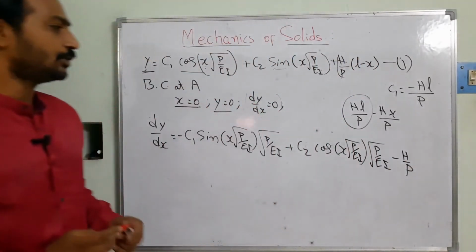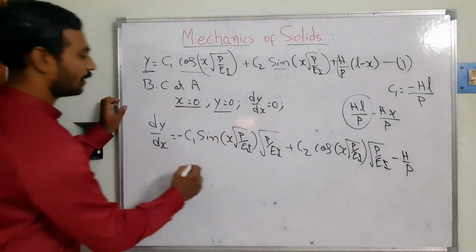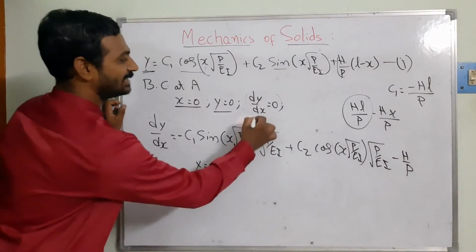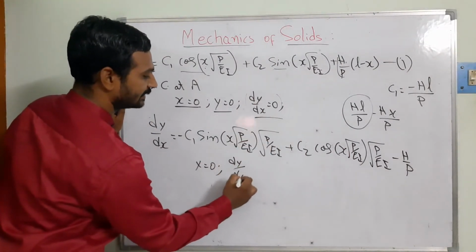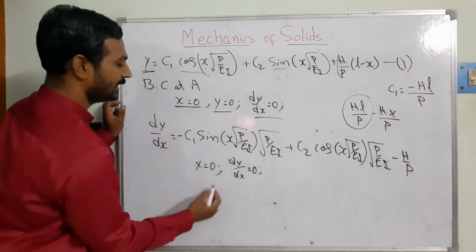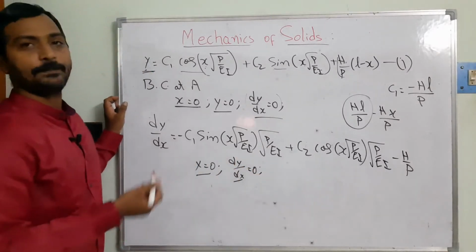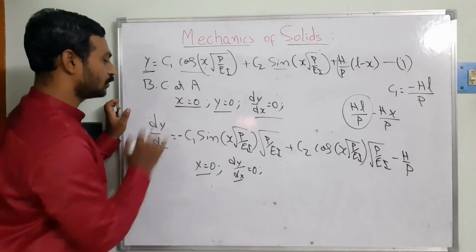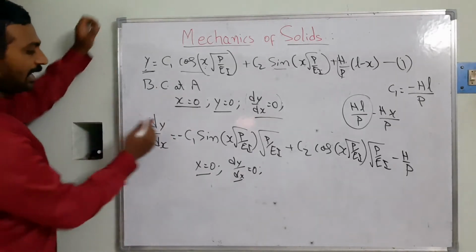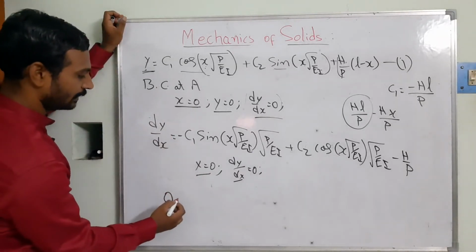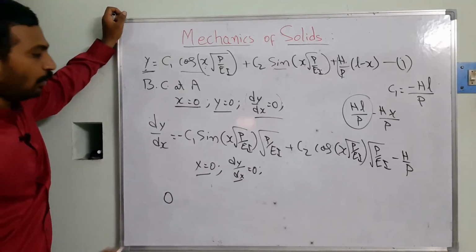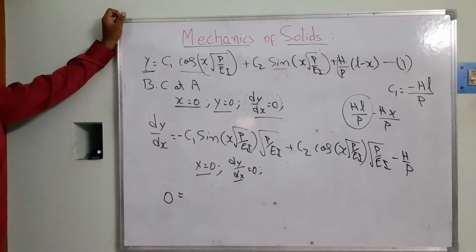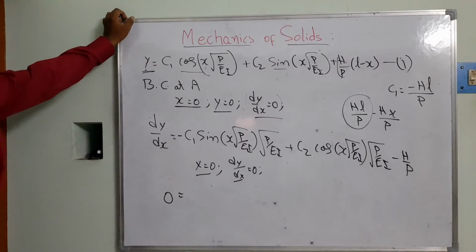So now I'm going to substitute the values x equal to 0, and similarly dy by dx is equal to 0, if I take the slope. These two are the only variables, so if I substitute in this equation, then dy by dx is equal to 0. Then we know C1 is equal to minus, that's going to be how much we got.